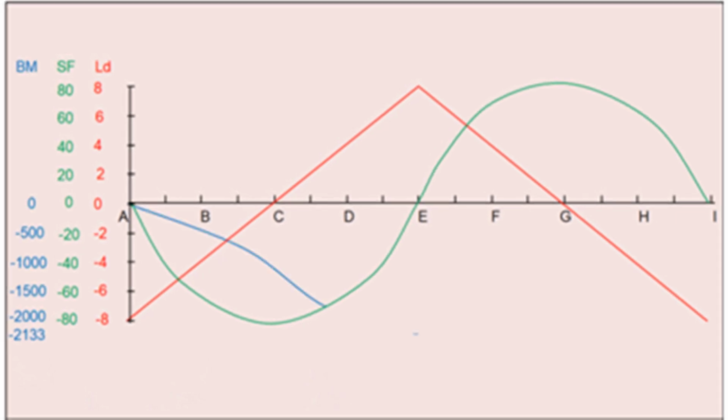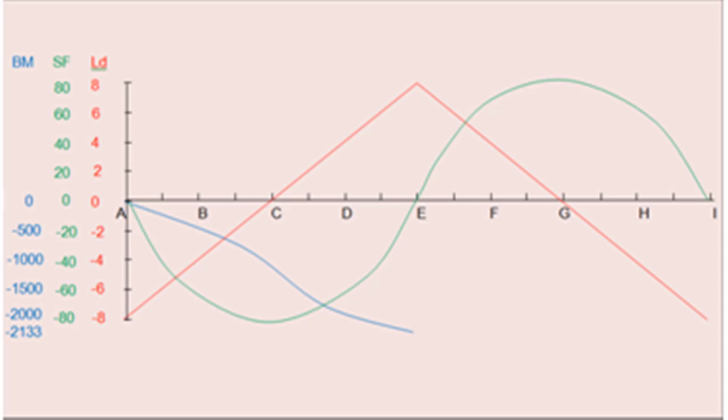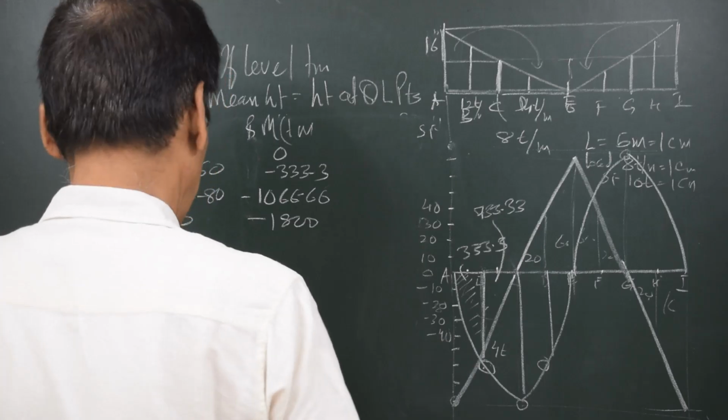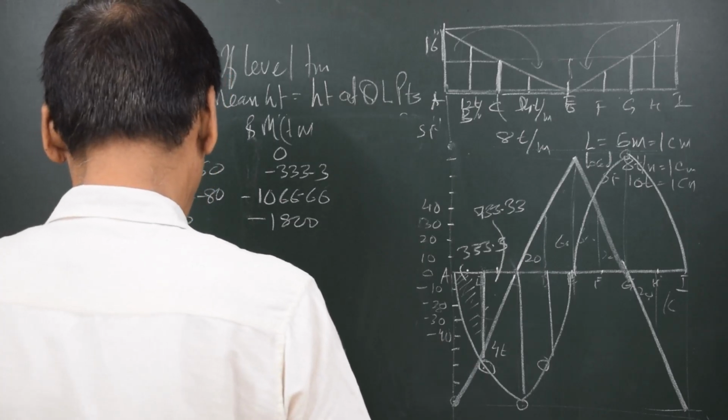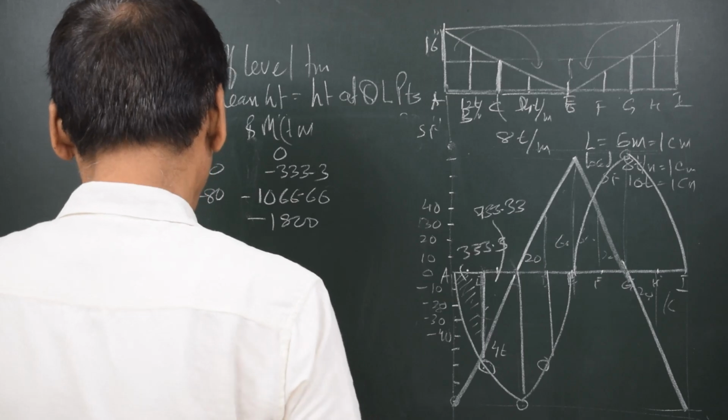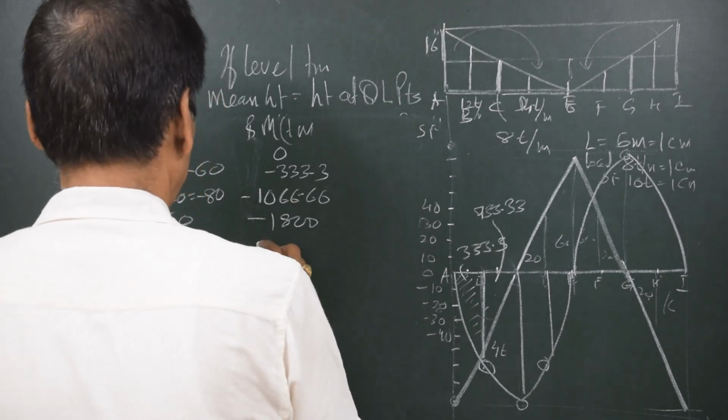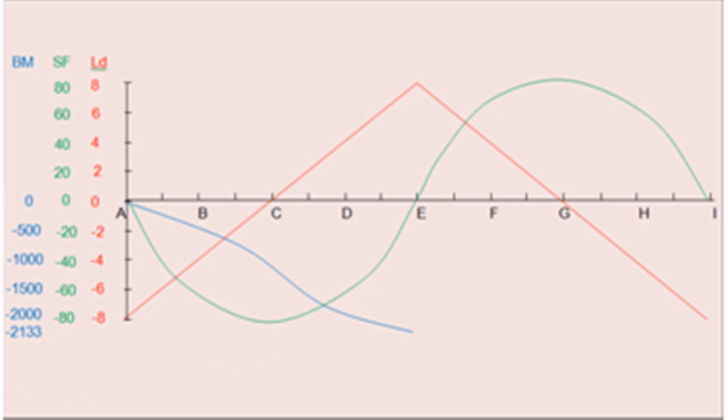That gives me 1799, 1800, minus 1800. And then you have 333 plus 333.33 gives me 2133.33.